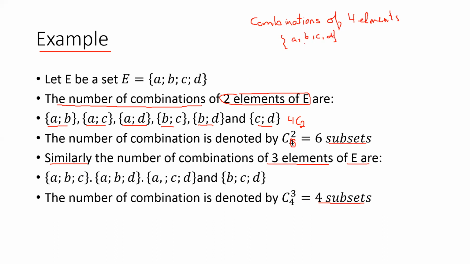Is there anyone other than this one? We could put, for example, BCAD. George, the order is not important. It will be the same combination. Okay. Do we have another?